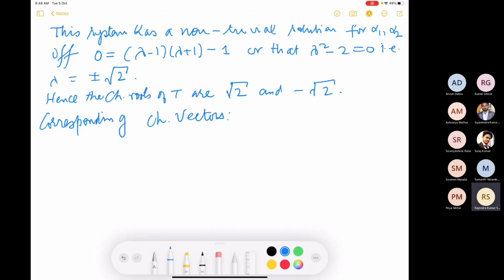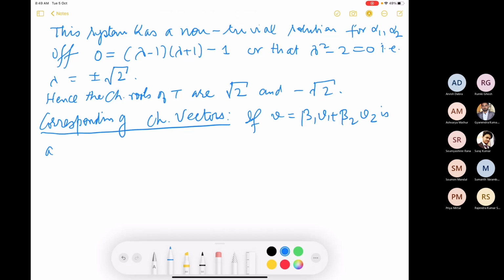So suppose we have a characteristic vector first corresponding to root 2. If v is in V, and B is a basis having basis vectors v1, v2, let us take v as beta 1 v1 plus beta 2 v2, a characteristic vector of T with respect to the root lambda equal to square root 2.